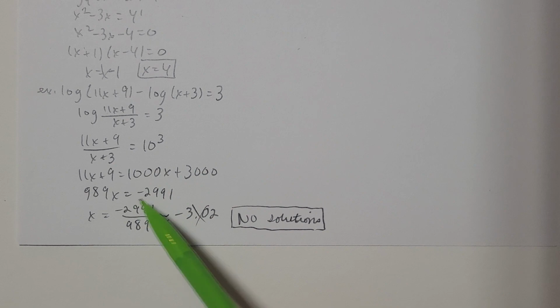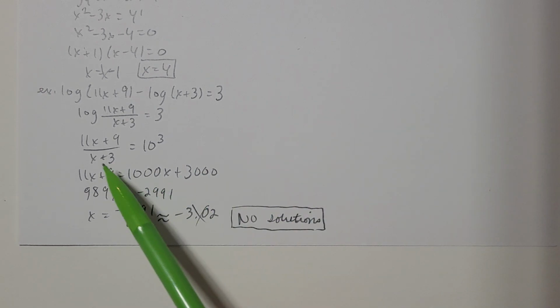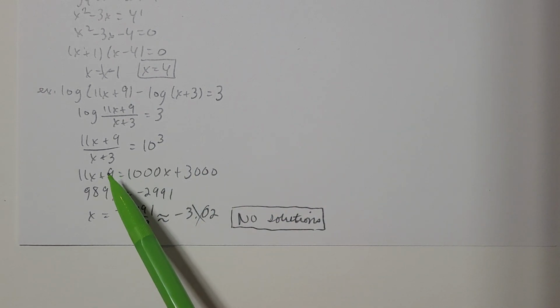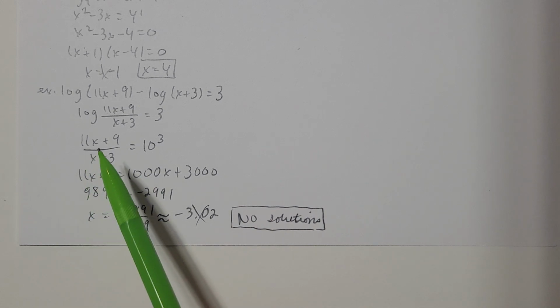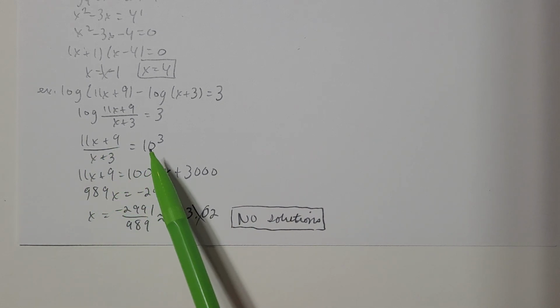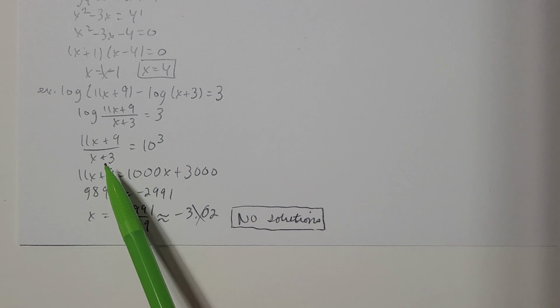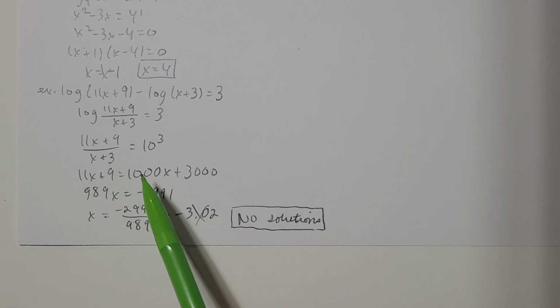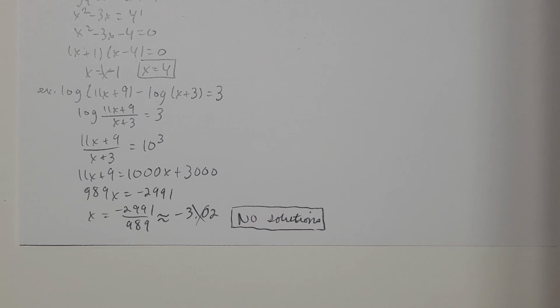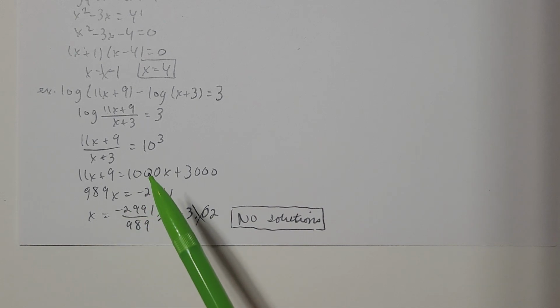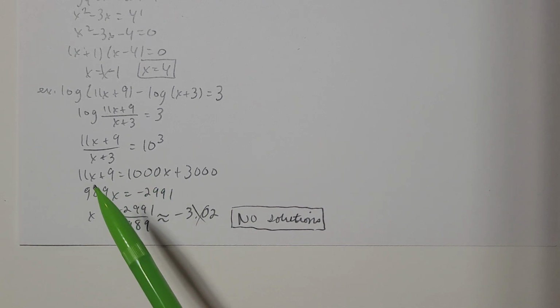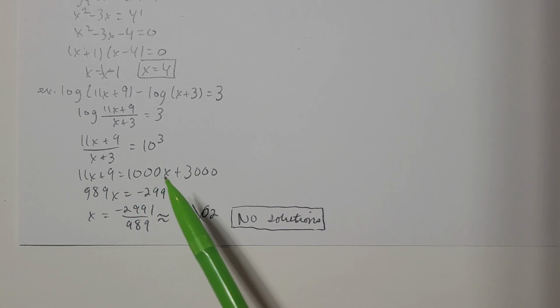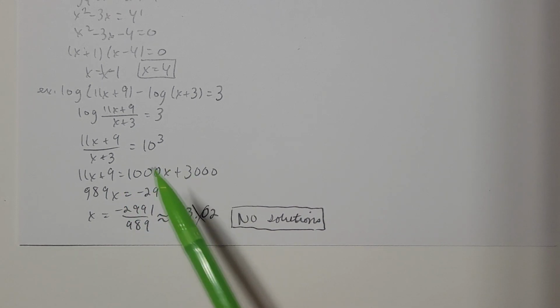And so then on the next line, let me multiply both sides of this equation by x plus 3. I'll have 11x plus 9 equals 1,000x plus 3,000. Okay, and anything involving x, let's get that on the right, and anything not involving x, we'll get that on the left.